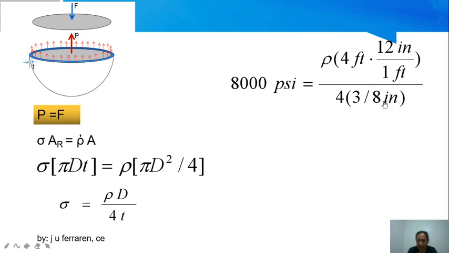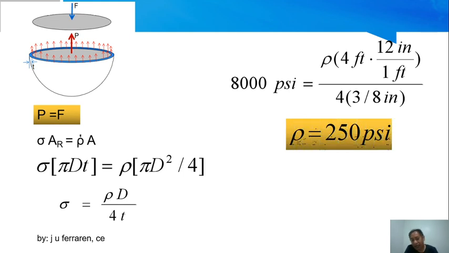So, if this is in inches and this is in feet, feet will be converted to inches, using the conversion factor of 12 inches per foot. So, feet is out, inches is out, and then we have a unit of psi left, and that is the value of your internal pressure.